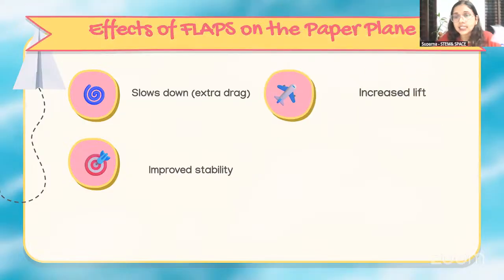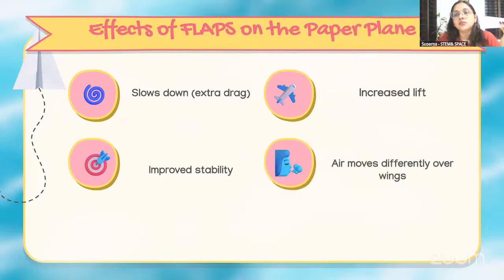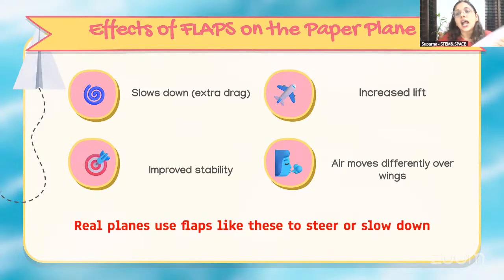It increases the lift, like I already told you. It increases the lift because it stays in the air for some time. These flaps are giving that increased lift for your design. And also because the air is moving differently over the wings, and real airplanes are actually using these flaps. So if you have a look at the wings of an airplane, it has these flaps which open and close.